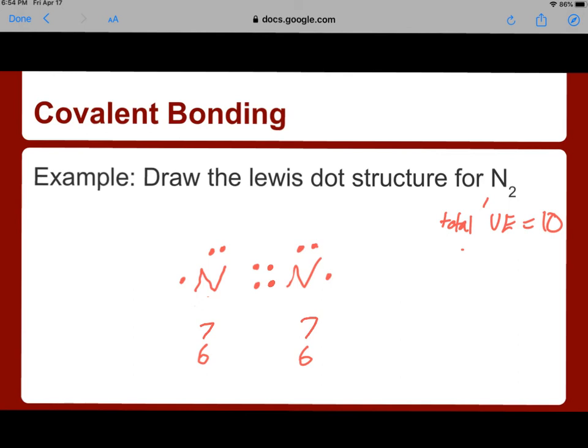So what am I going to need to do? I'm going to need to move another pair. So I'll take those two and move them to the middle. Just erase those.